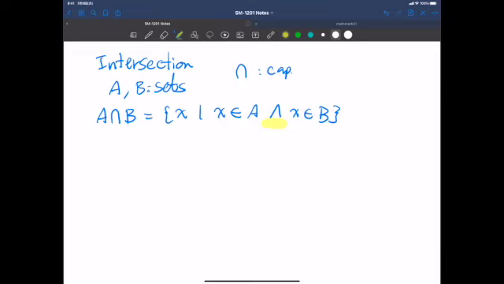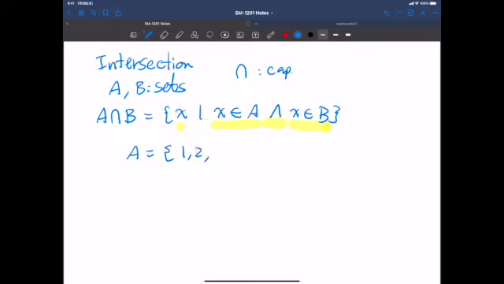So that means each element x must satisfy both this proposition and this proposition: x belongs to A and x belongs to B. Let's see an example. Let's use the old example.